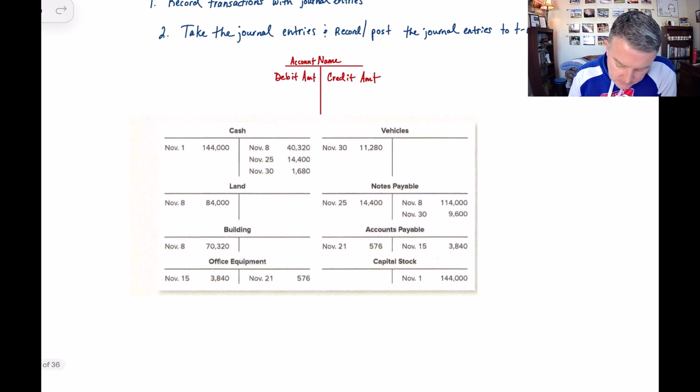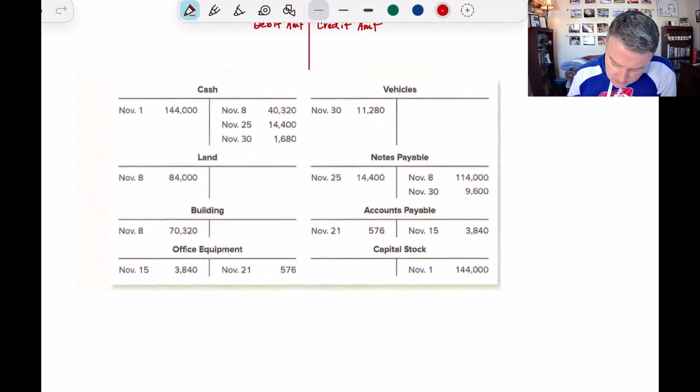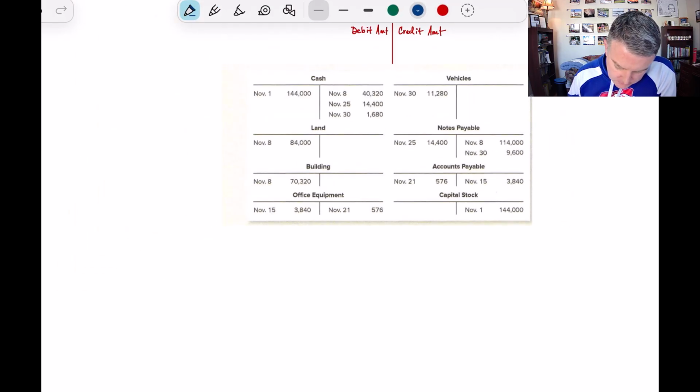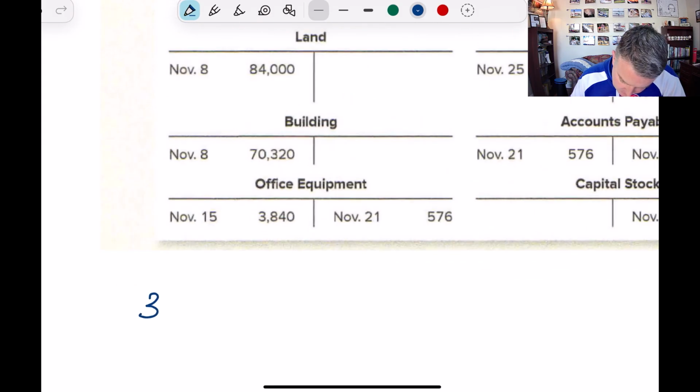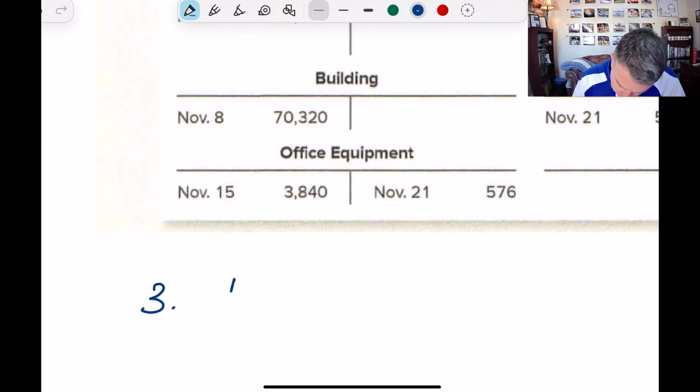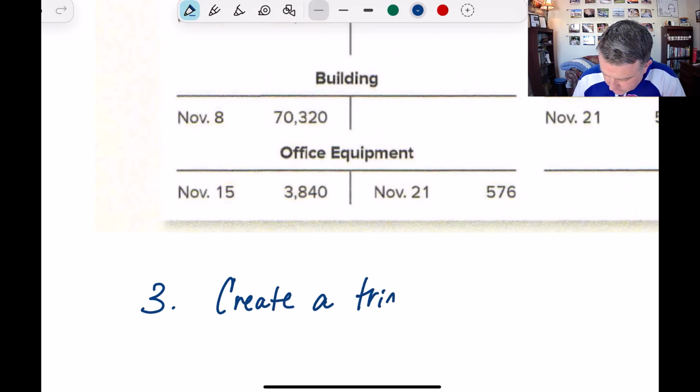And then once we have the T accounts, we can create what is called the trial balance. That's what this problem is talking about. So the trial balance is the third step: create a trial balance.